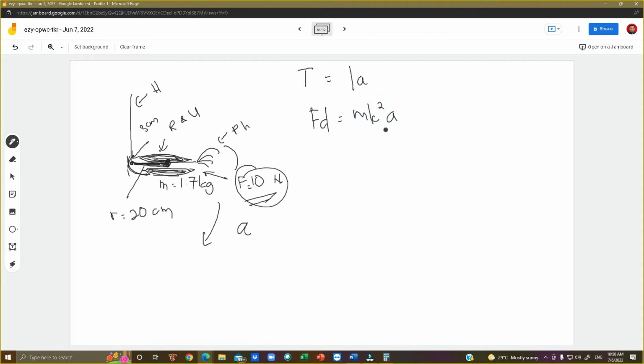This involving two parts. Okay, dia ni melibatkan dua bahagian. Kamu kena tengok betul-betul. Dia melibatkan dua bahagian. One bahagian is linear, another bahagian is angular. Okay, so I give you the question again. What is the resulting angular acceleration?